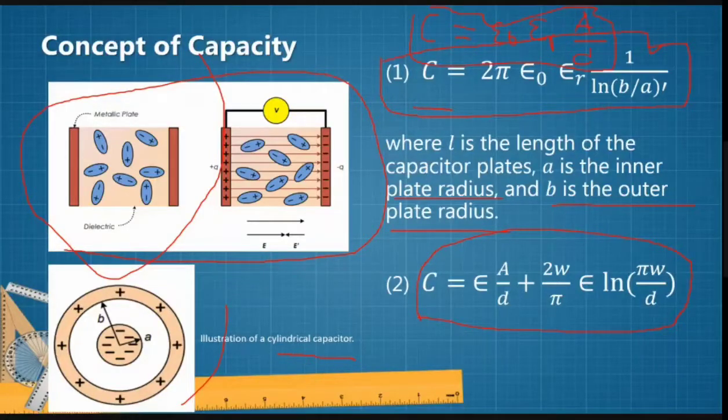Note that this expression of the capacity of a capacitor is an approximation used for condensers with infinite plates.